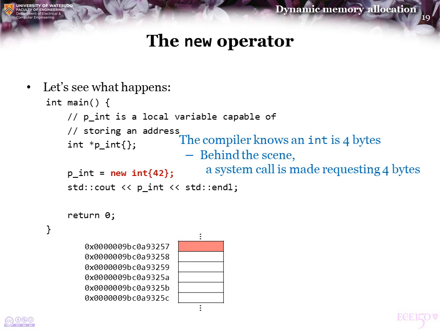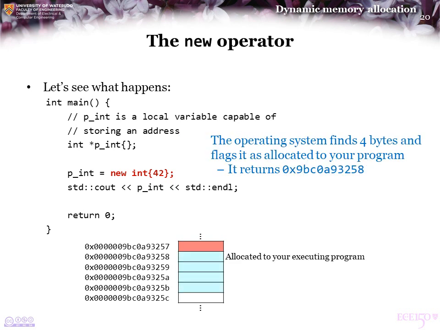The compiler knows that an int is 4 bytes, so behind the scenes, a system call is made requesting 4 bytes. Now, the operating system finds 4 bytes and flags it as being allocated to your program. The operating system then returns the first address of those 4 bytes.